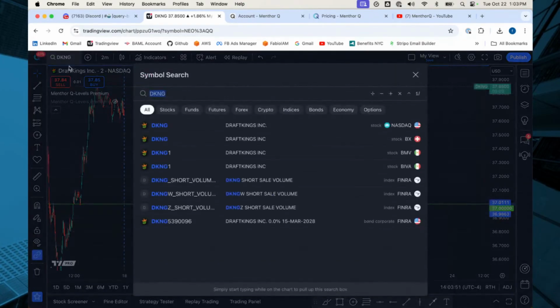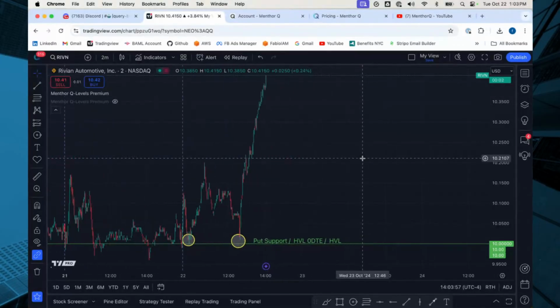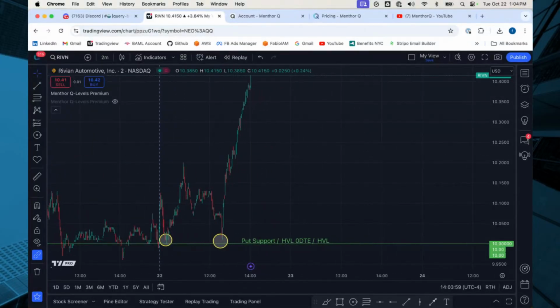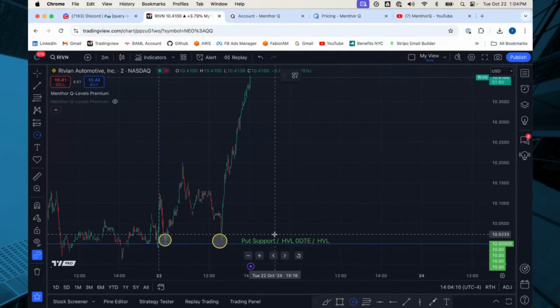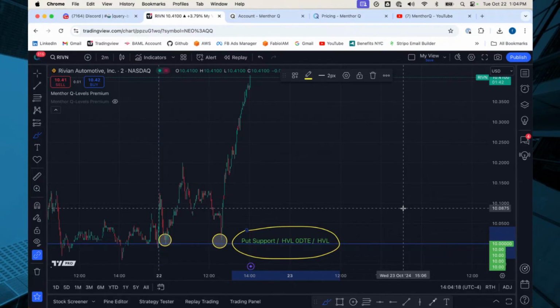Can you go back to Rivian for one moment? All right. Here's something I noticed when I was observing the levels all the time. For me, it makes a huge difference if we see put support or put support 0 DTE alone, or if we also have put support and high vol 0 DTE and high vol together, or put support and gamma vol together.